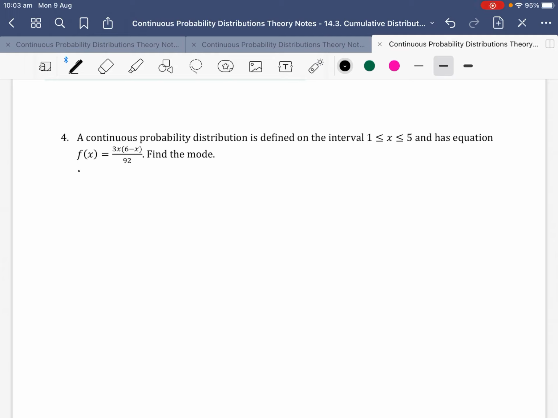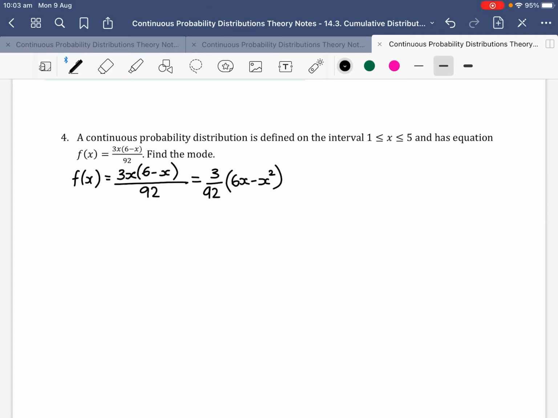So we have f(x) equal to 3x(6 minus x) over 92, which is equal to 3 over 92 lots of (6x minus x squared). To find a maximum point, a turning point, we have to differentiate.